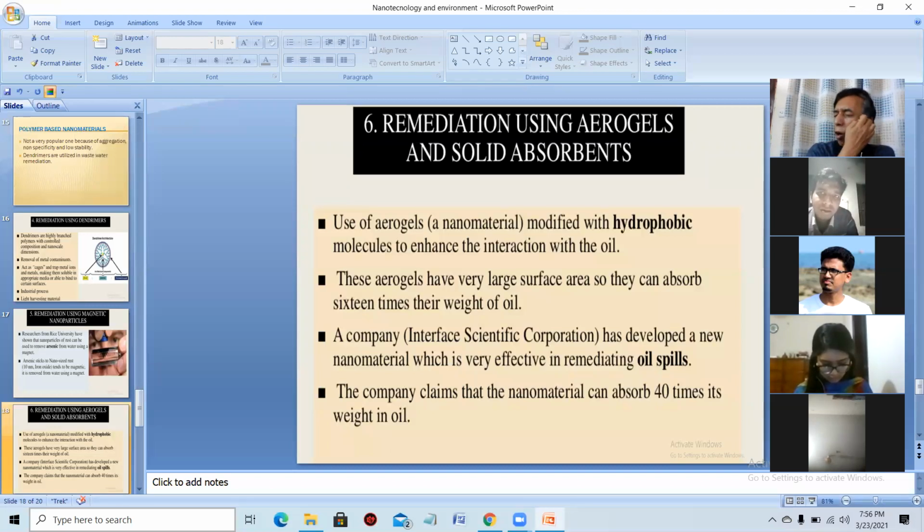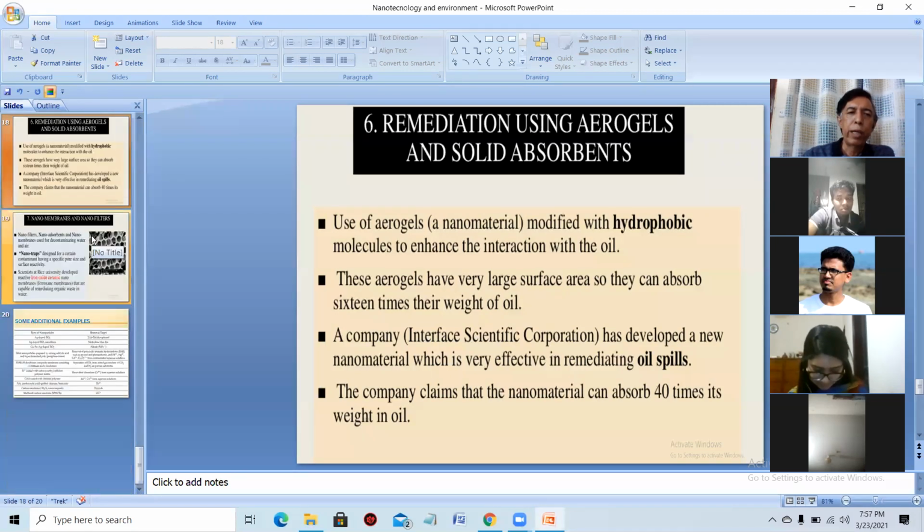So if oil spills somewhere, this aerogel can absorb the oil and separate it from the environment. This is also at the research level.